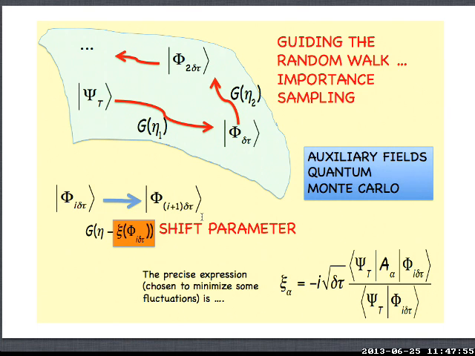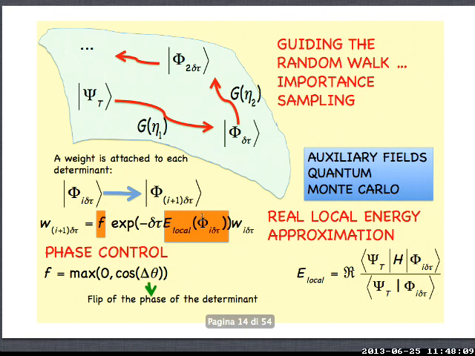Many possible choices of this function can be constructed. Shiwei typically uses this form, which is chosen to minimize fluctuations in the weight of the determinants, as I will show in a minute. The other point is that to each determinant a weight is associated, and the dynamics of the weight becomes an expression which closely resembles the typical expression in Monte Carlo, in which a local energy appears associated to one's Slater determinant.